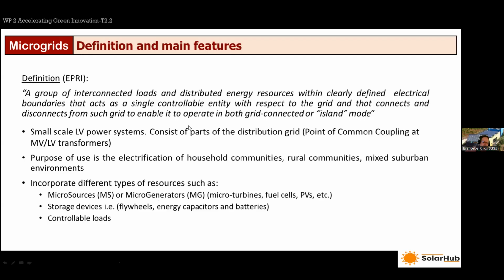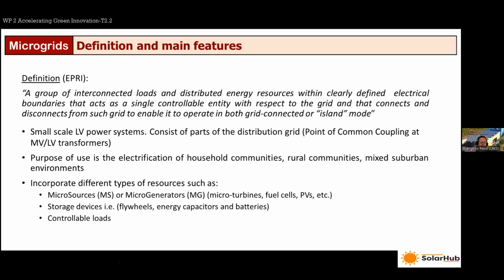If you examine the literature, you will find information in publications, books, and the like that identify more often than not the microgrids as low voltage power systems, even though that is not always the case. I have seen studies with medium voltage power systems referred to as microgrids as well.